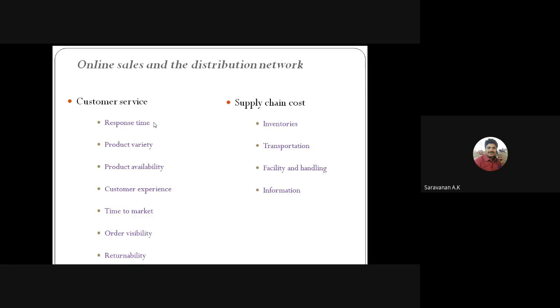Including these points, we have to include a few more points: the direct sales to the customers, the flexible pricing, the product portfolio and the promotions, and the effective fund transfers, right? That is also included in the customer services.